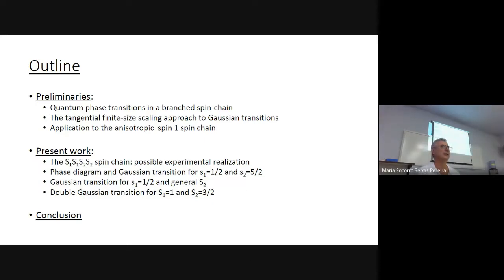This is a very interesting spin chain that presents two Gaussian transitions, and we are also going to characterize the critical exponent, or at least one relevant critical exponent, associated with each one of these two transitions. And by the end, I will just quickly draw some conclusions.